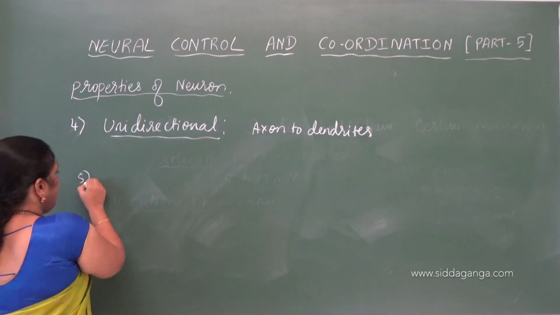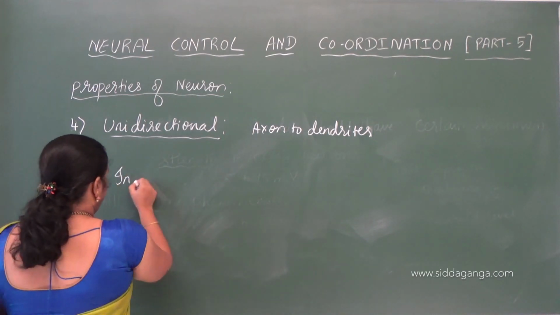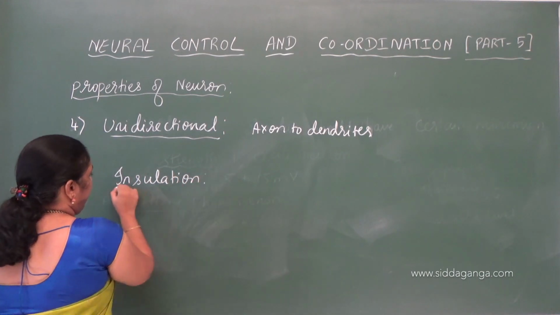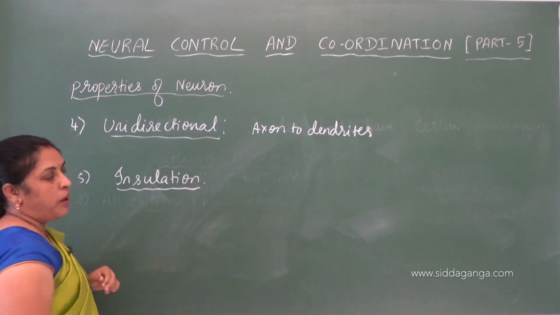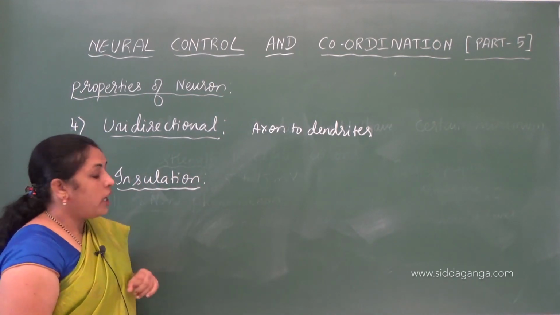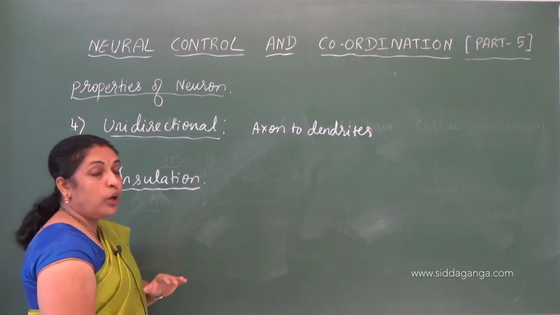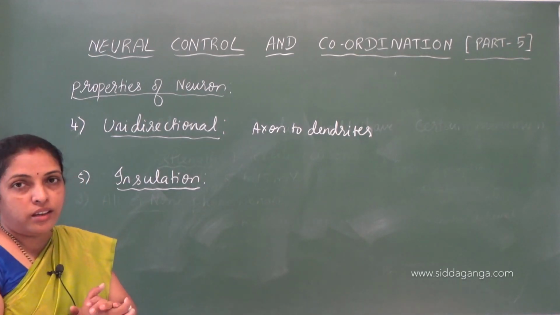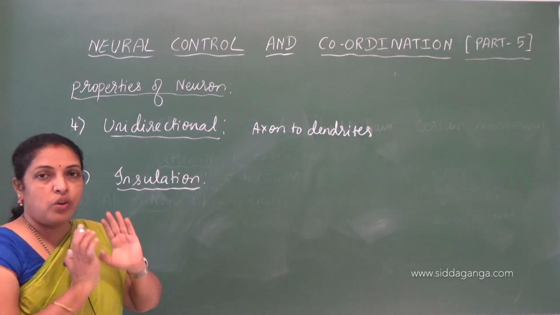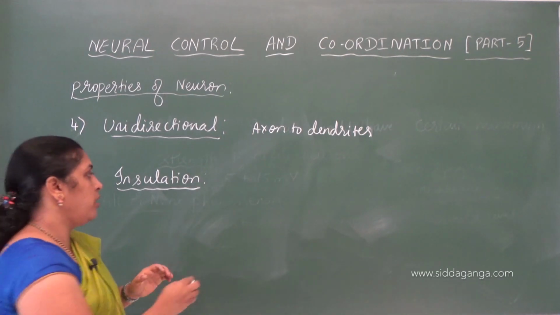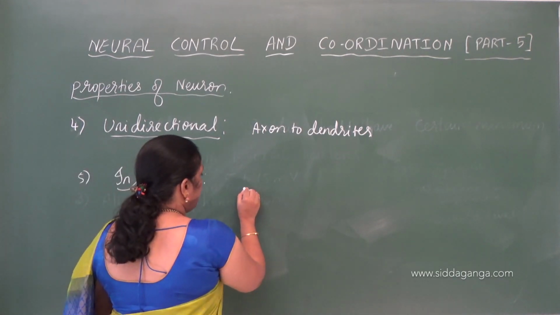Next, insulation. Insulation means the ions are not able to leak from the neurons because they are insulated by myelin sheath.